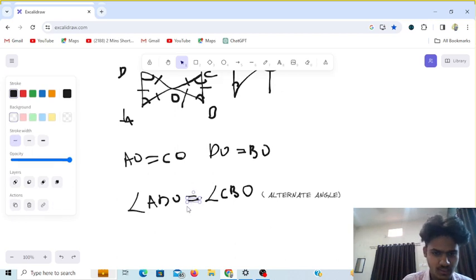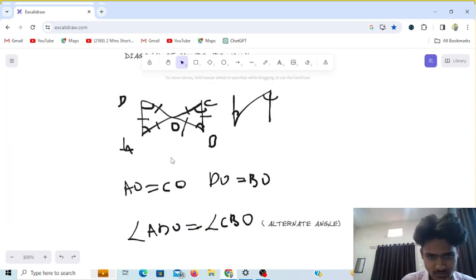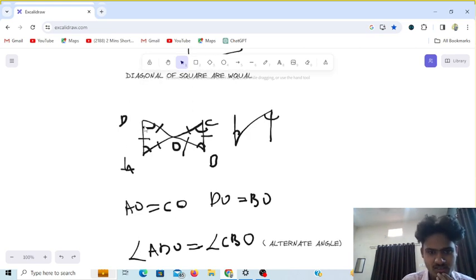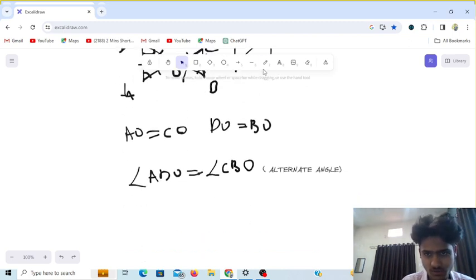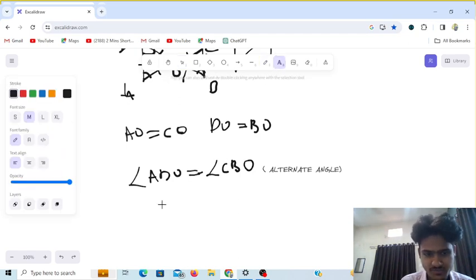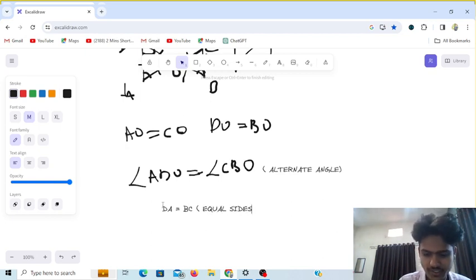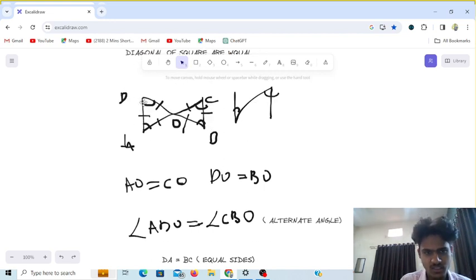And the side DA equal to BC, because in the square all sides are equal, as we saw earlier. The side DA equal to BC, equal sides. And another is the alternate angle. Other than ADO equal to CBO, the alternate angle is DAO and BCO.